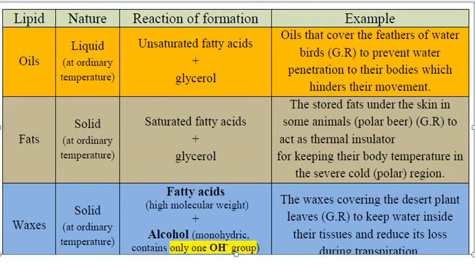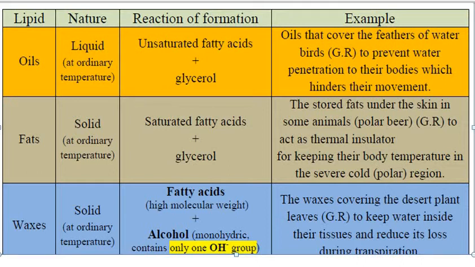Also, we have another type of lipid, which is fat, and fat is solid in nature. It contains saturated fatty acids which have a single bond. The difference between oil and fat is that oil is unsaturated fatty acid reacting with glycerol, but fat is saturated fatty acid reacting with glycerol.